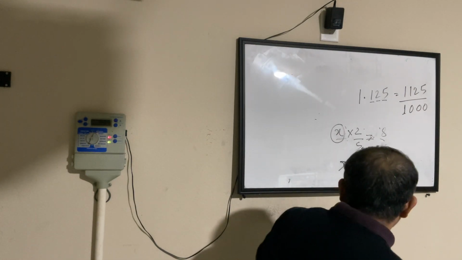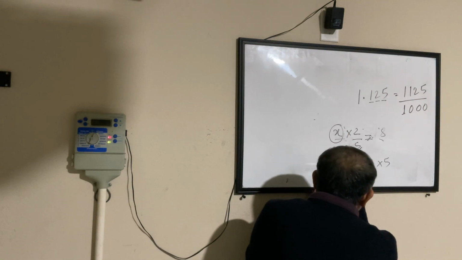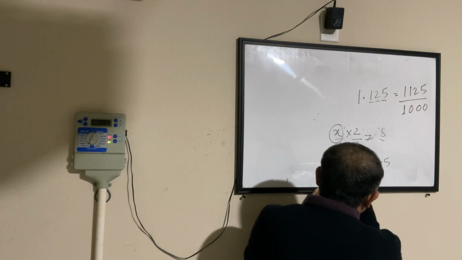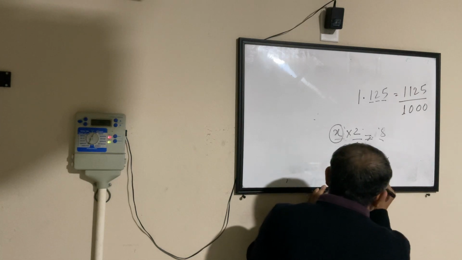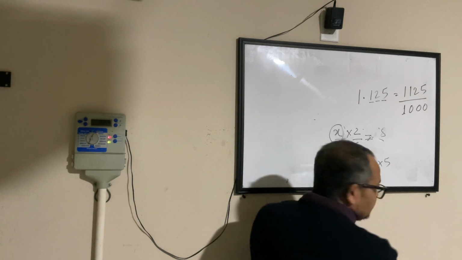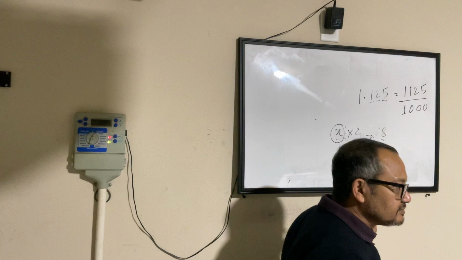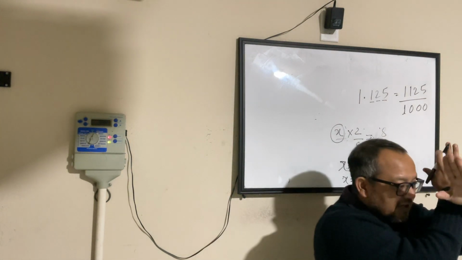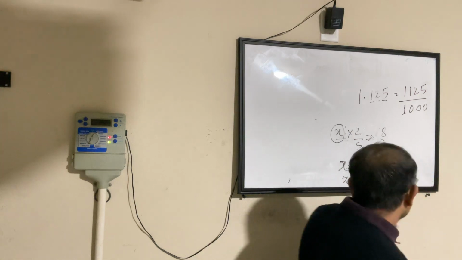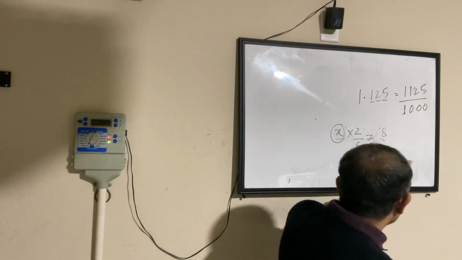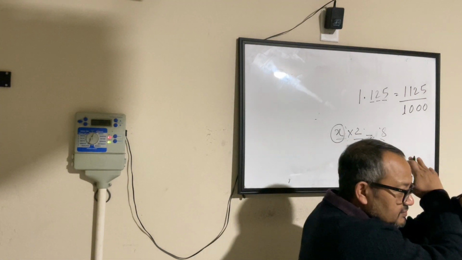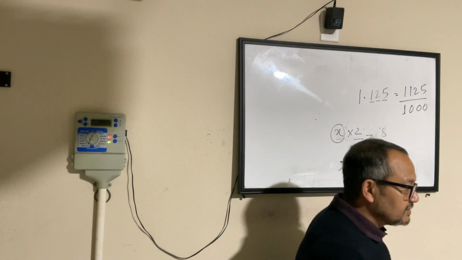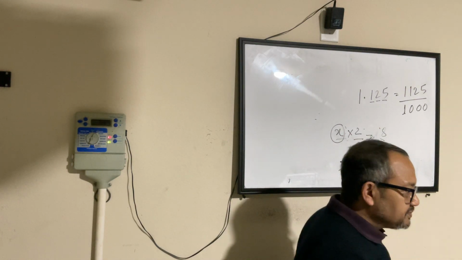I want to find the value of x, so I want to move 2 also. It moves crisscross. If it's above, it will become 8 into 5 divided by 2. Okay? So that is what I meant by crisscross. Remember the sign. Whenever you move any number across the equal to sign, they move crisscross. Only in the case of multiplication and division, not for addition and subtraction. Okay?